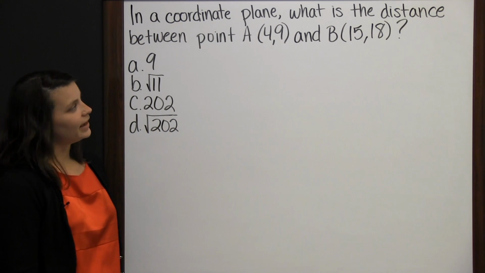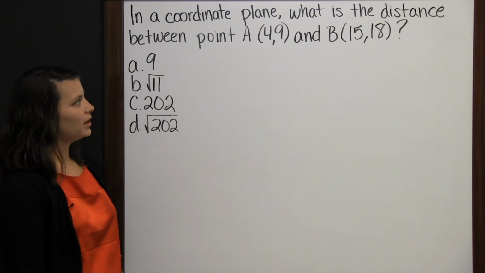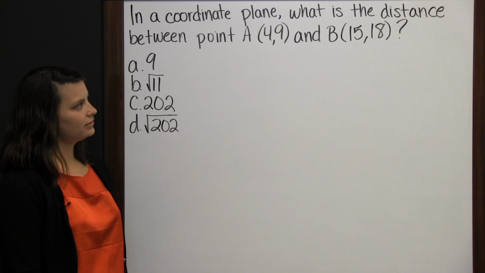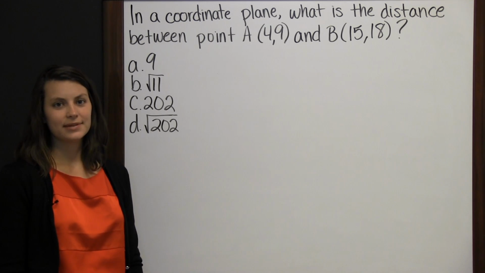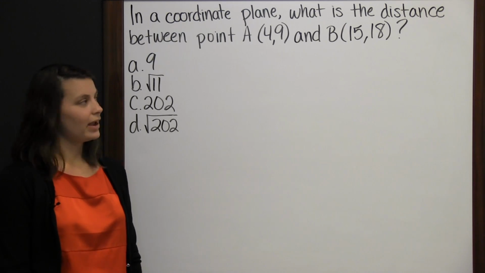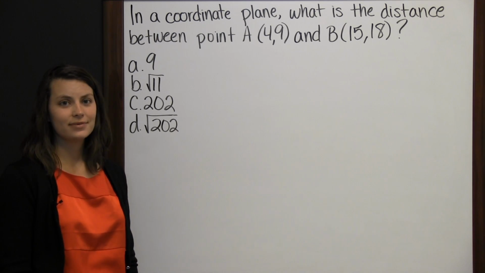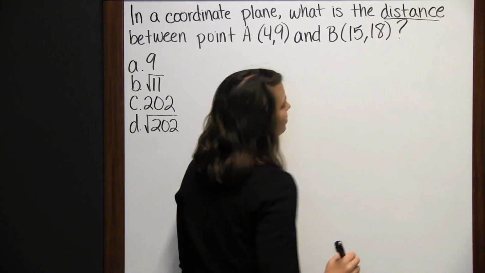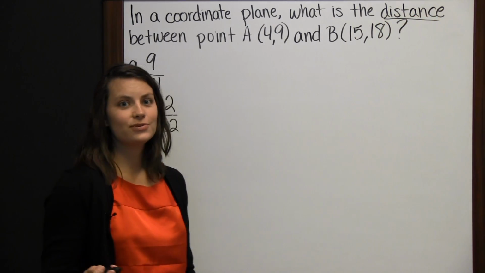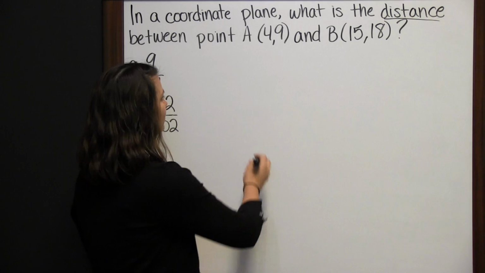In a coordinate plane, what is the distance between point A, (4, 9), and B, (15, 18)? Well, there's a very straightforward way to answer this question. If we want to find the distance between 2 points in a coordinate plane, then we need to use the distance formula.